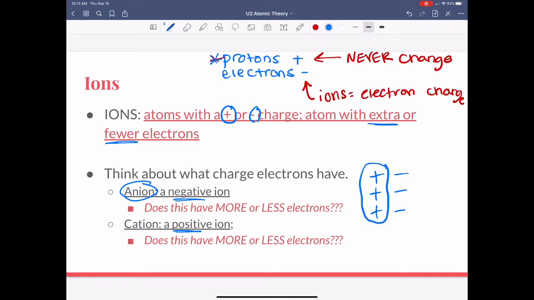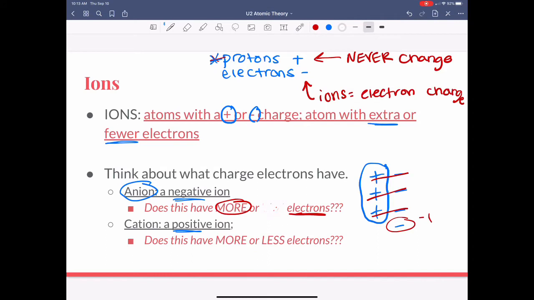So I would need to add another electron. Now all of them cancel out except for that last electron, so this will be negative by 1 electron. So negative ions have more electrons.